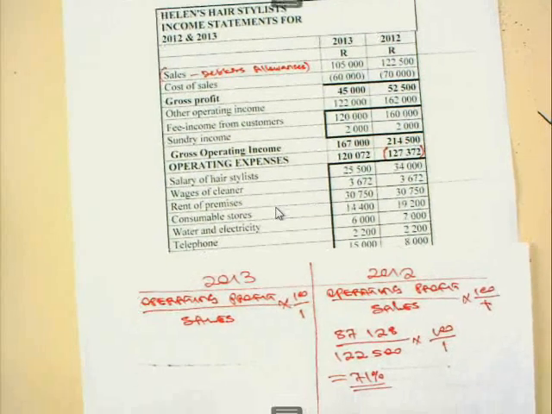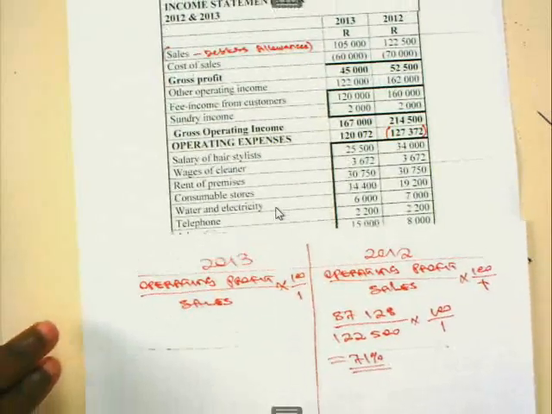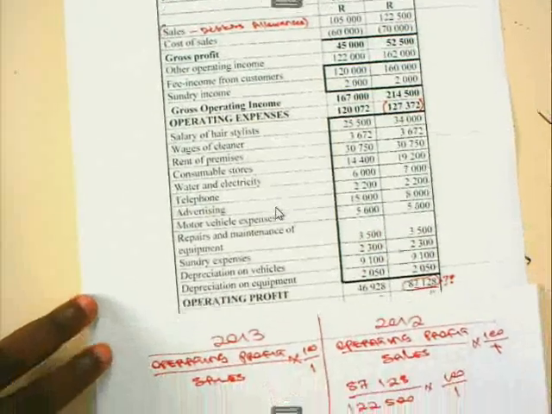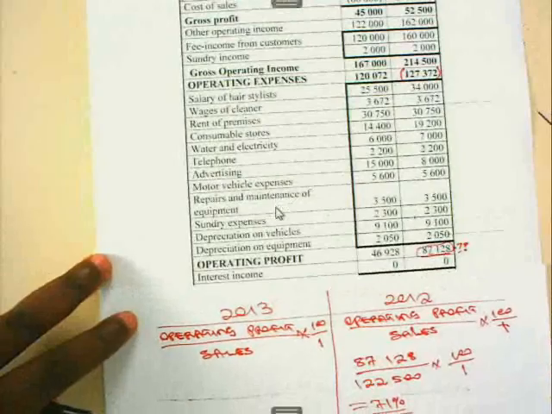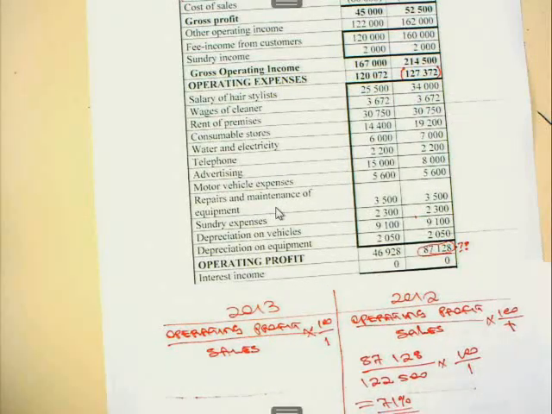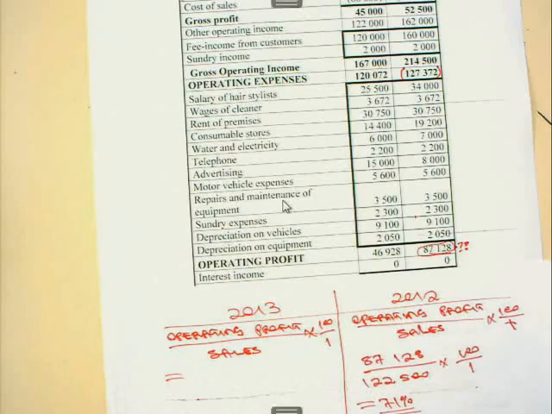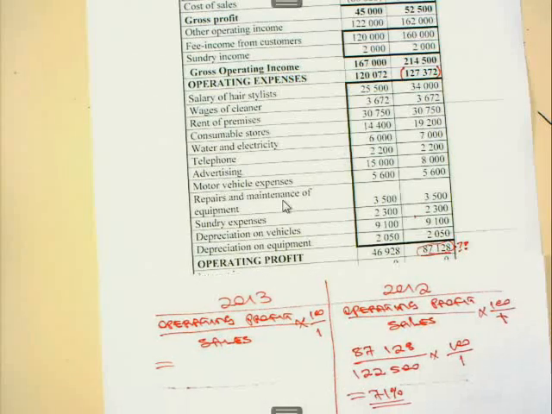Because we want to compare for the 2 years, that is 2012 and 2013, we'll also calculate for 2013. We'll calculate for 2013 our operating profit.